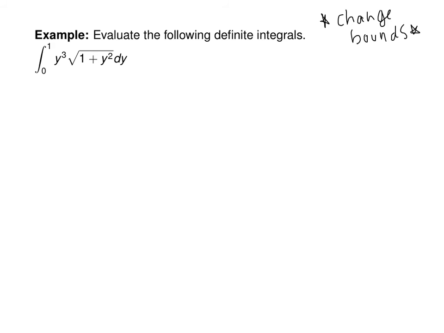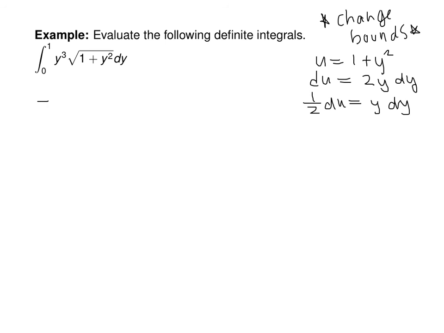We're going to make them bounds on u instead. So start by letting u equal 1 plus y squared. Du will equal 2y dy.